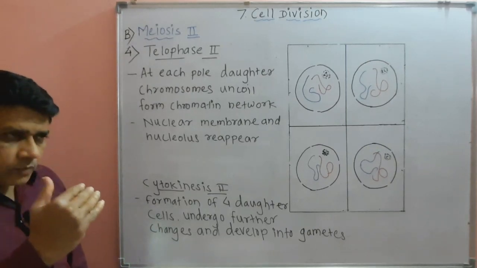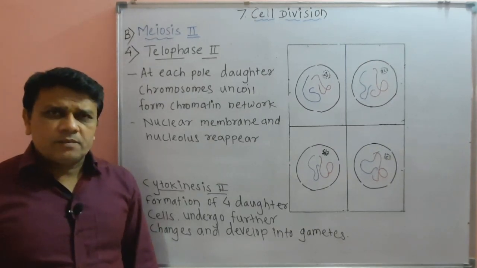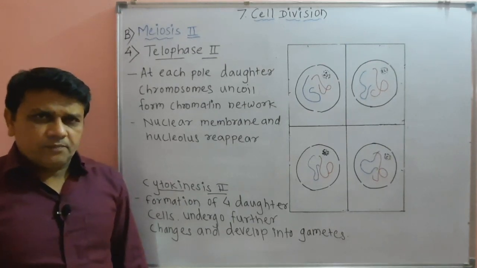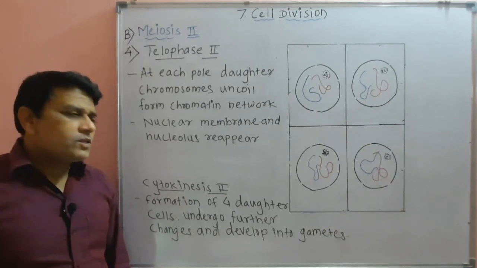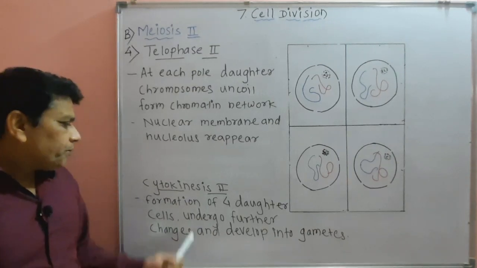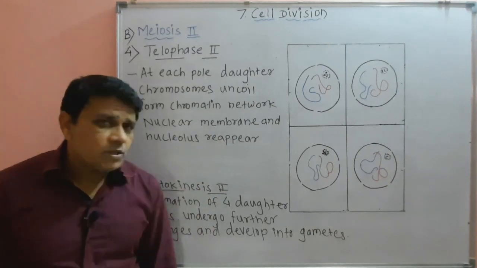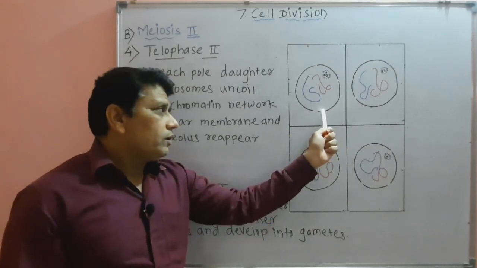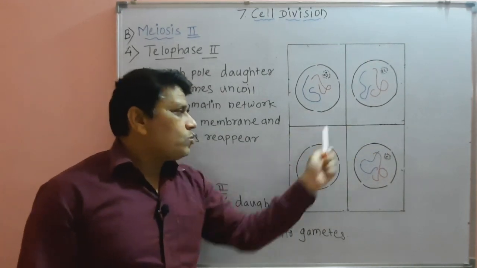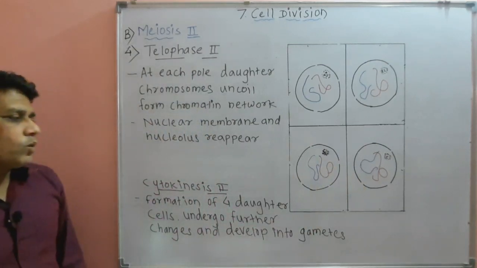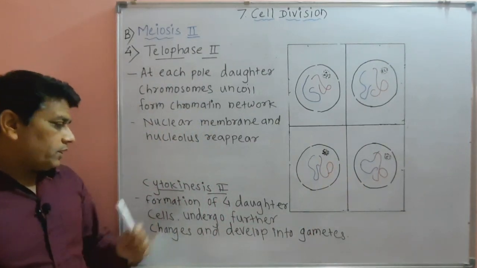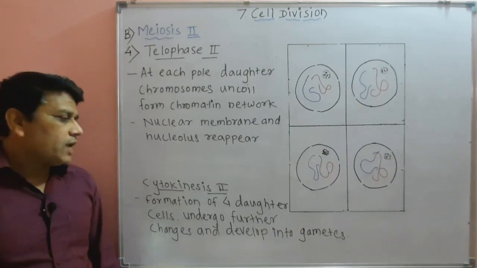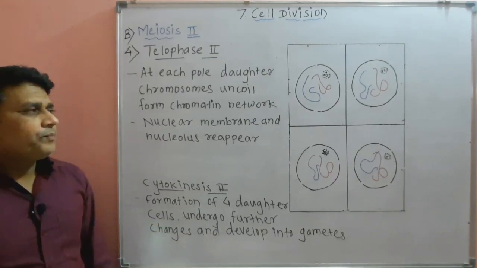Then after karyokinesis, or the nuclear division, cytokinesis occurs. Now at the end of meiosis second we can see that a total of 4, that is 1, 2, 3 and 4, daughter cells, or 4 haploid daughter cells, are formed.